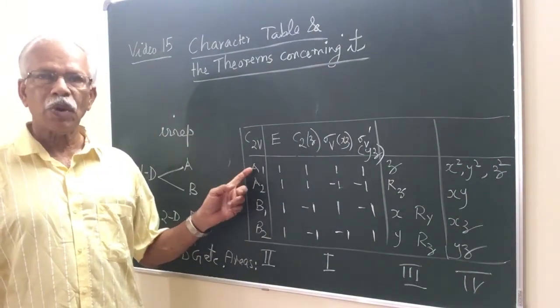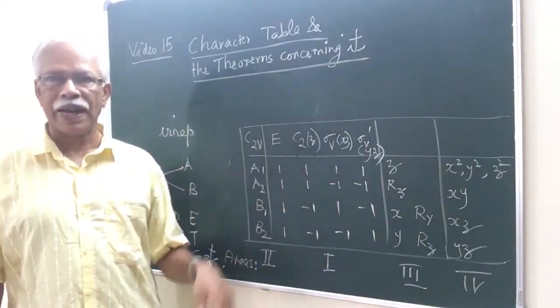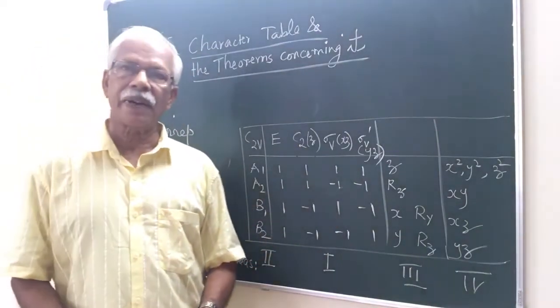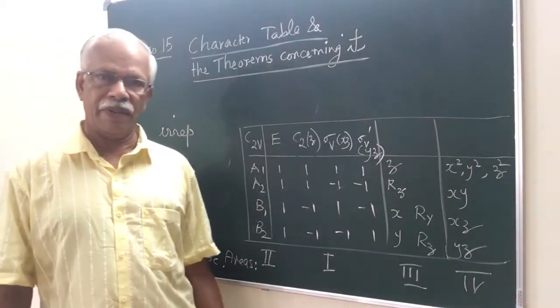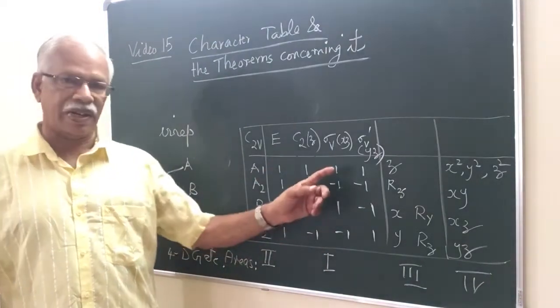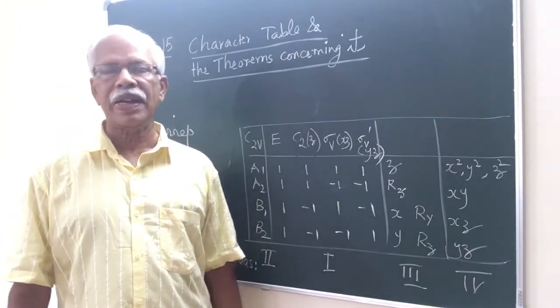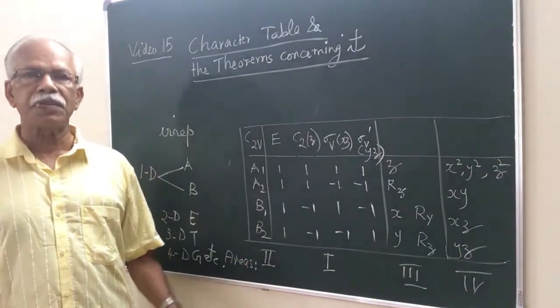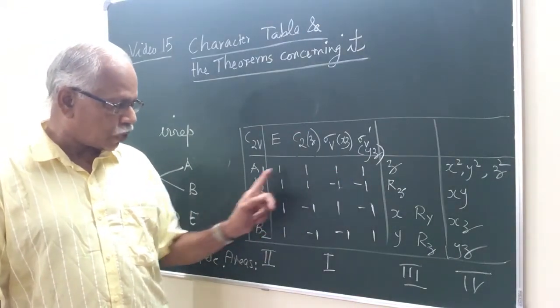In the case of water molecule, there is no C2 axis perpendicular to the principal axis. So in the absence of that, symmetric with respect to sigma v xz, the vertical plane xz. If it is antisymmetric with respect to sigma v xz, you will put the subscript 2. You can see here it is 1, so subscript is 1.